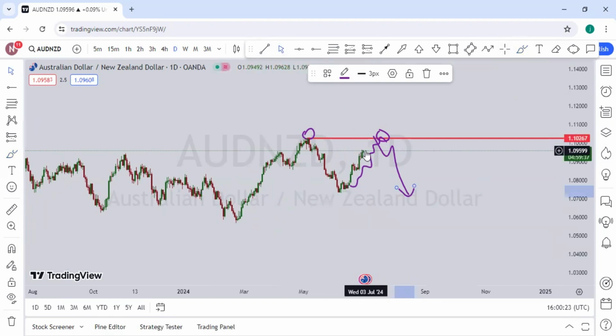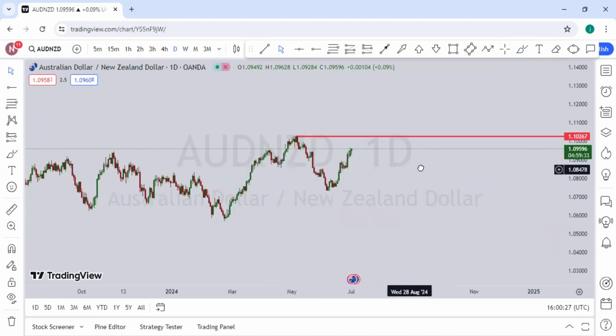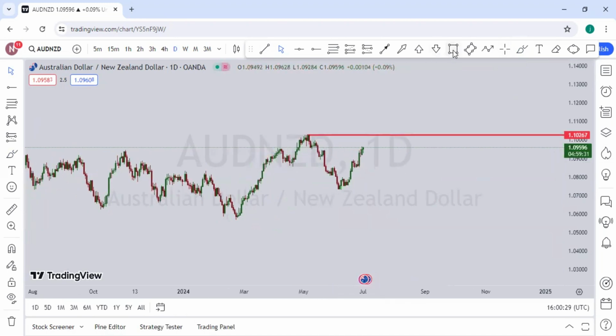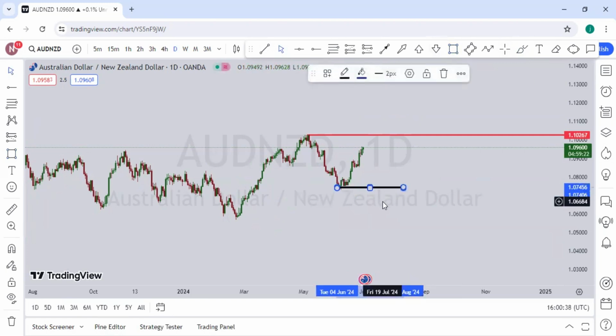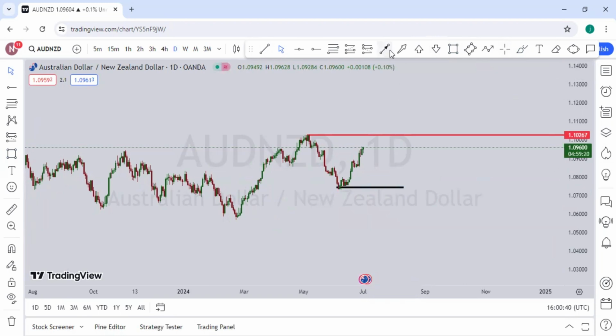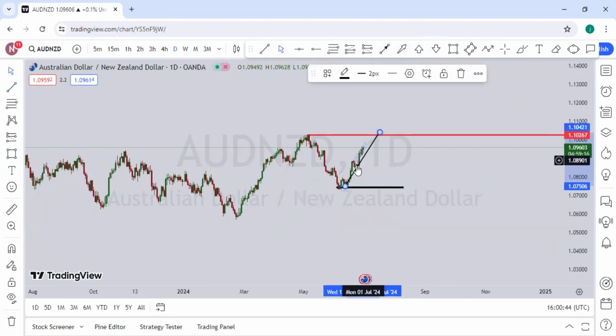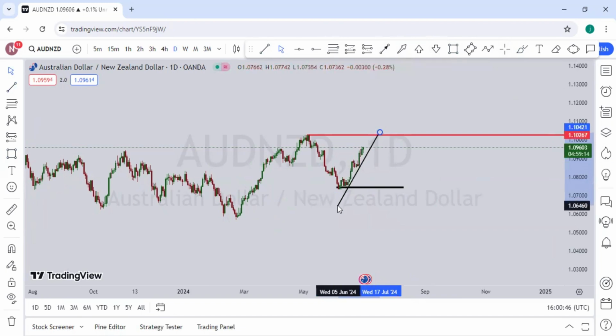Now, this is what I'm expecting on AUD NZD, sorry. And this is the area where I will take my first take profit. So this is what I'm expecting.